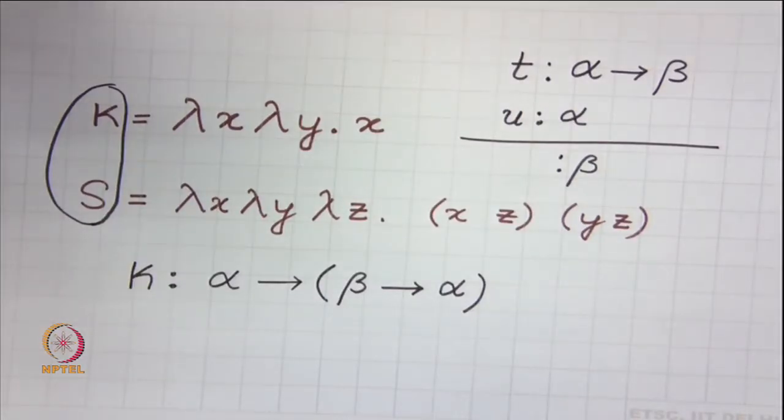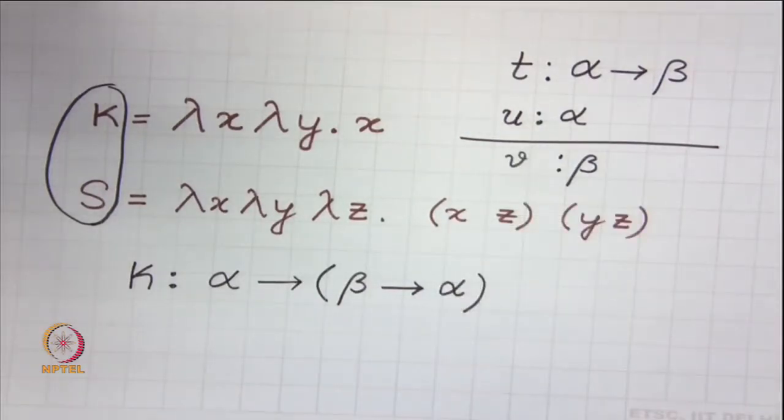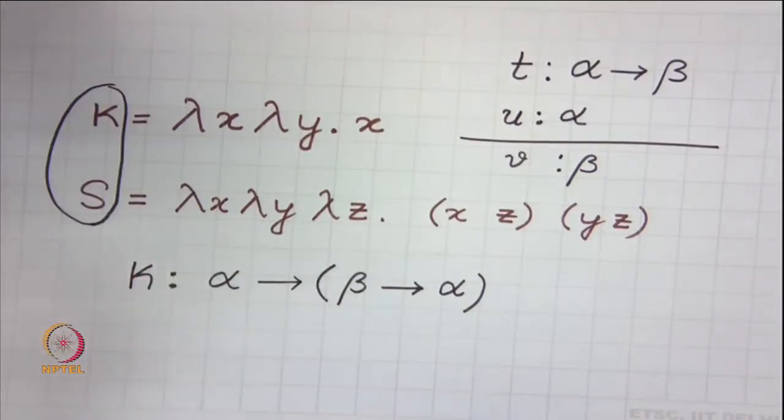So, you get a new lambda term v which is of type beta, and this modus ponens exactly captures beta reduction.